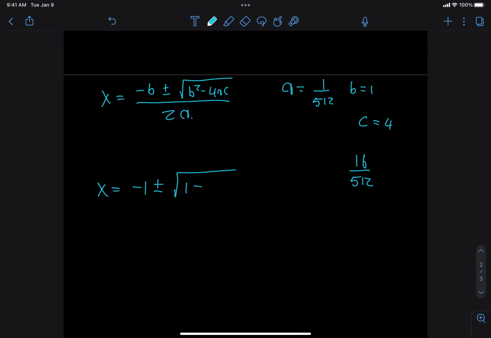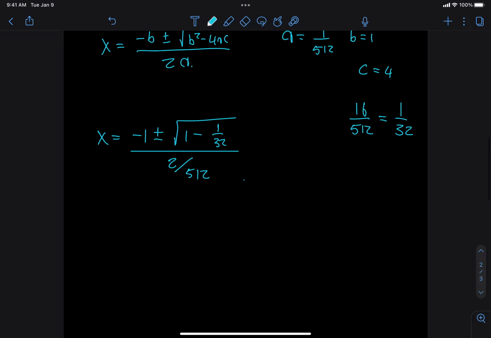So 16 divided by 512, I think is going to be... Sorry, can you do 512 divided by 16? 32. 32, right? Okay, so this is 1 over 32, right? Okay, so minus 1 over 32, and then we divide, and then what comes down here is 2 times a, so this is 2 over 512.